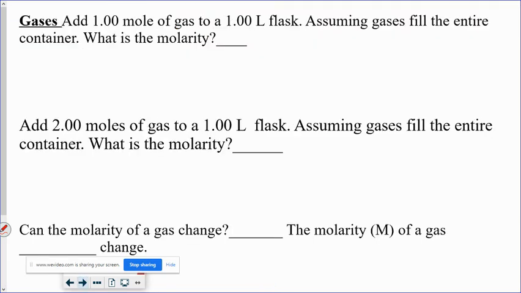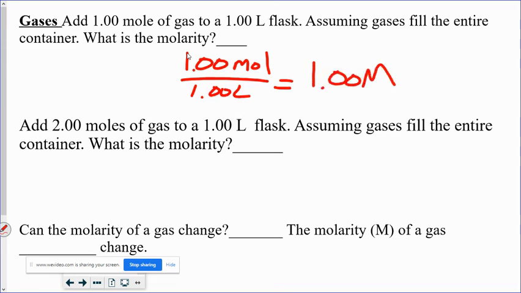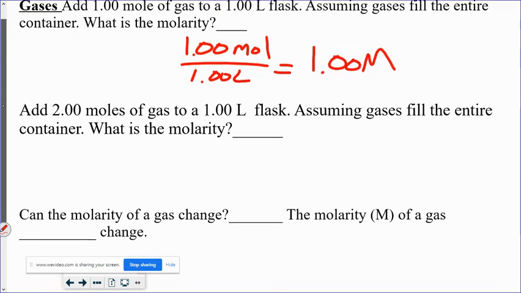Gases, I add 1.00 moles of gas to a 1.00 liter flask. Assuming the gas fills the entire container, what's the molarity? 1.00 moles divided by 1.00 liters, and we have a molarity of 1.00 molar gas.